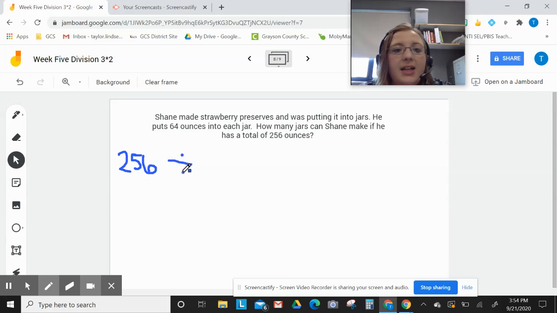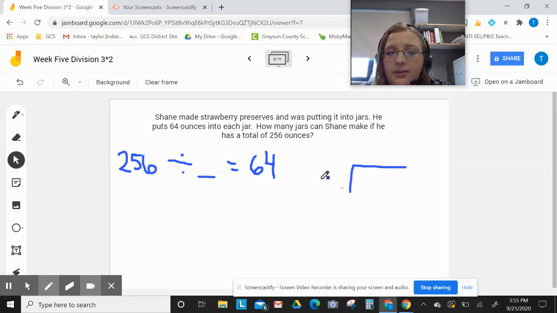We're dividing that by the divisor, which is the number of groups, which we are looking for. And then I know that 64 ounces goes in each jar, so I can write 64 in my quotient spot. So we are missing our divisor of how many jars.